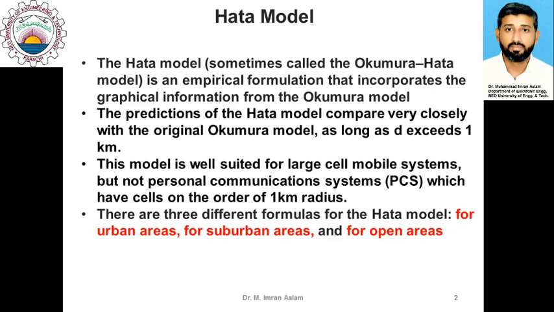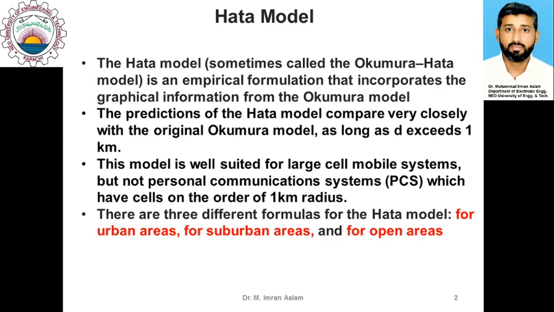The Hata model and the Okumura model closely agree with each other at large distances, as I discussed in the case of Okumura as well, that those models are valid for distances greater than 1 kilometer and up to 100 kilometers.